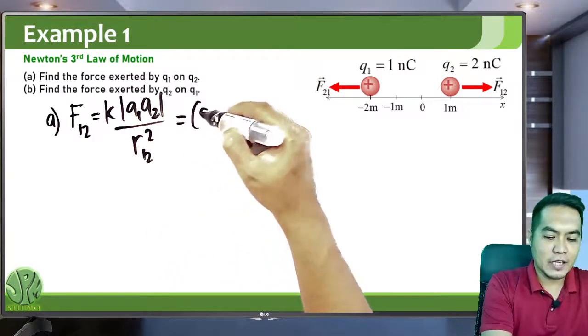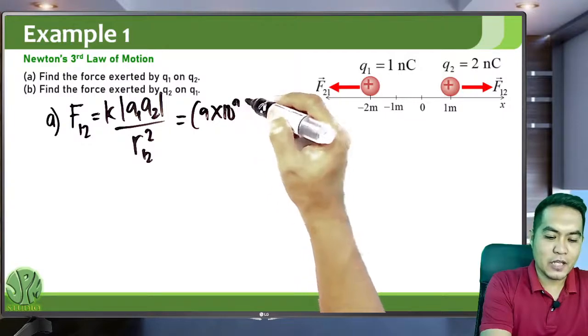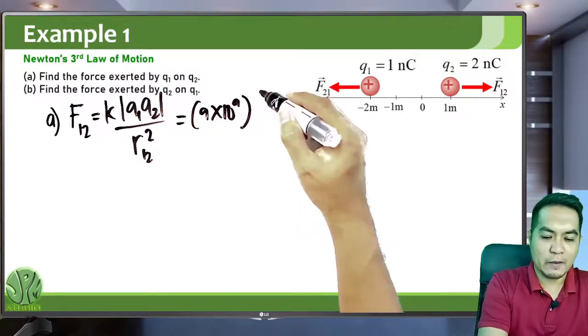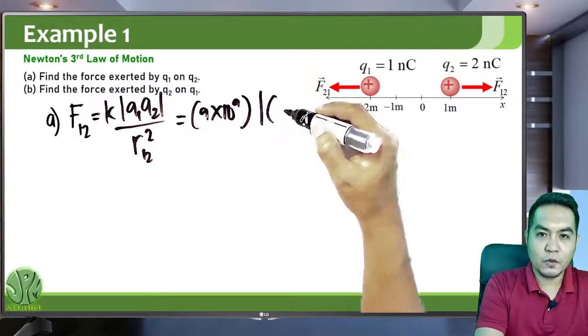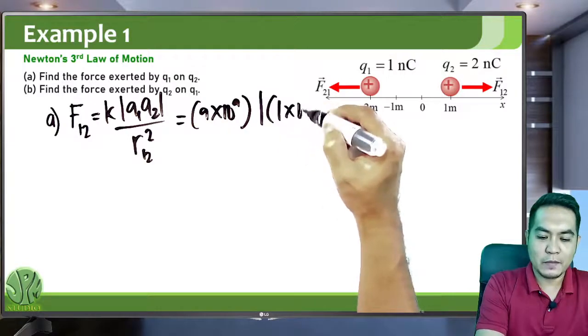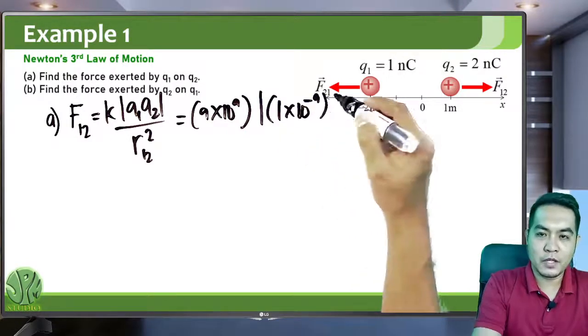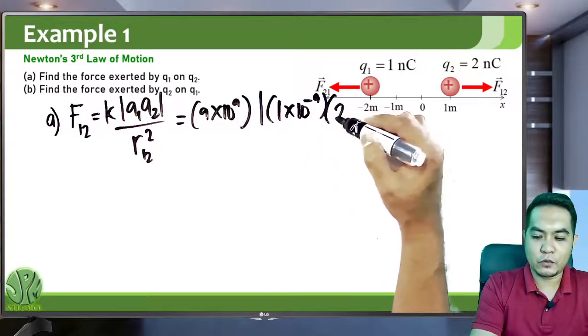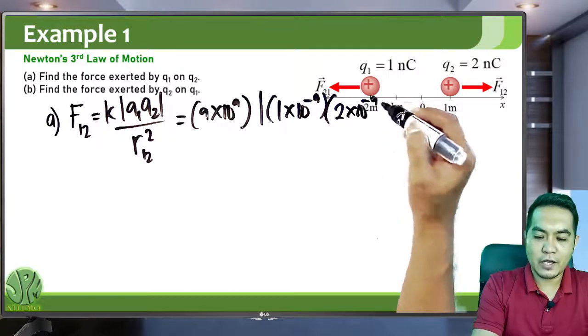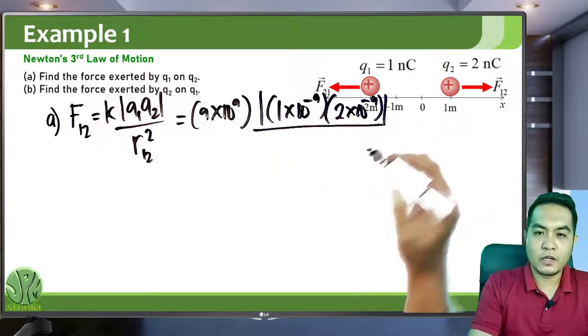K is a constant, 9 times 10 to the 9 newton meter squared per coulomb squared. Q1 is 1 nanocoulomb, so that's 1 times 10 to the -9 coulomb. Q2 is 2 nanocoulomb, so 2 times 10 to the -9 coulomb, over their distance.